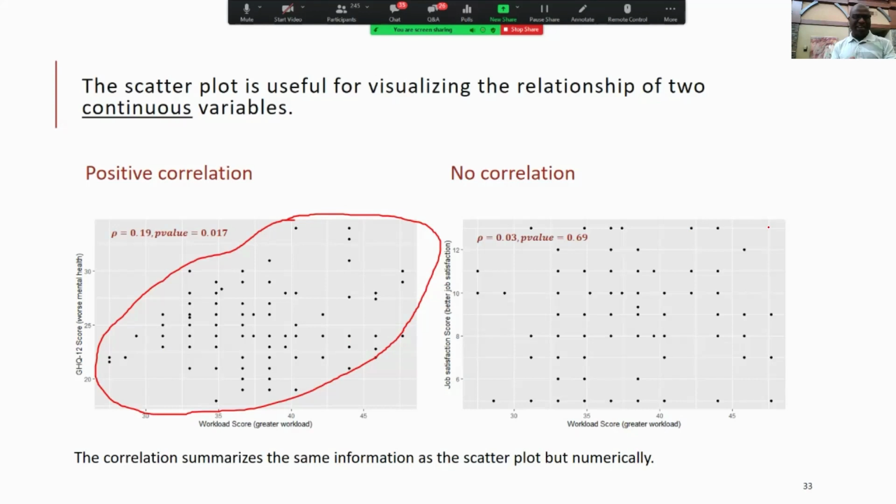How much correlated are they? The point I want you to take away is that a scatter plot is a valid way of graphically displaying your data, and it has the advantage of letting you, just by visual assessment, make some sense of whether the variables of interest are correlated or not.